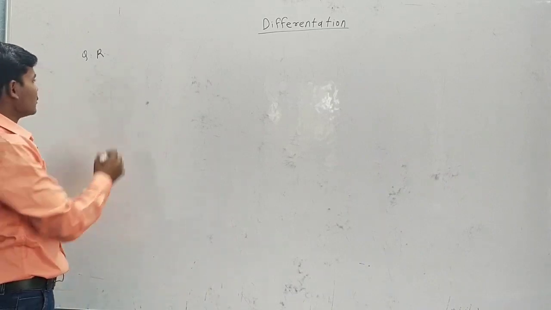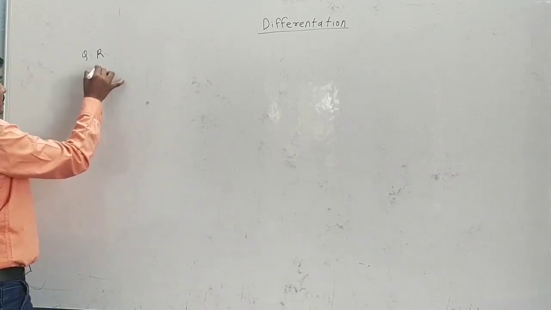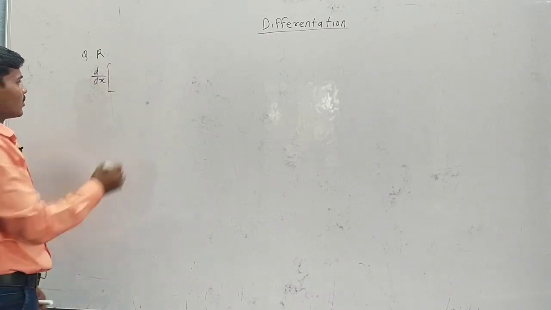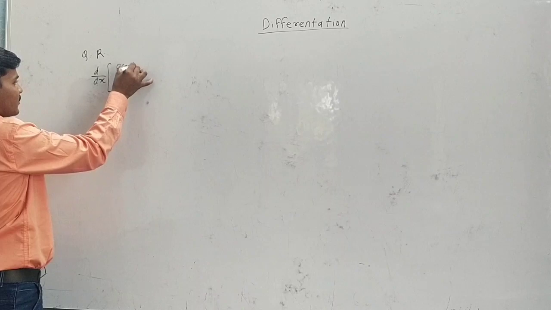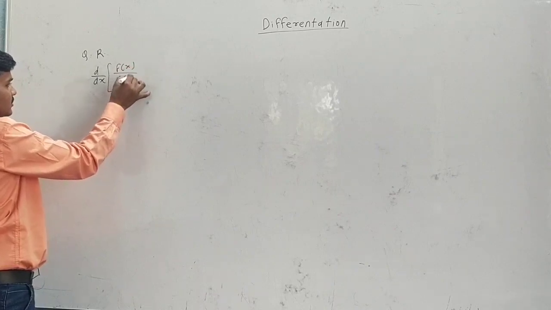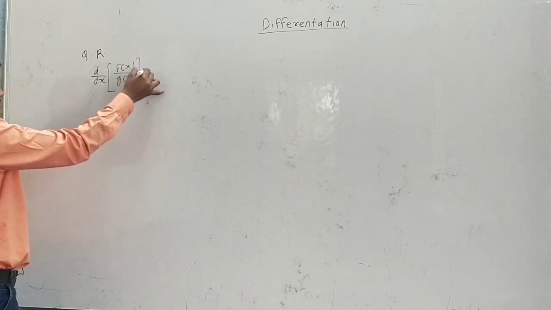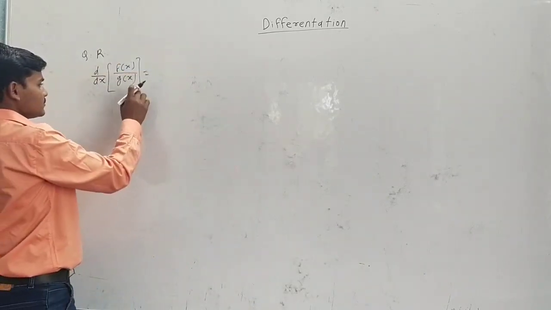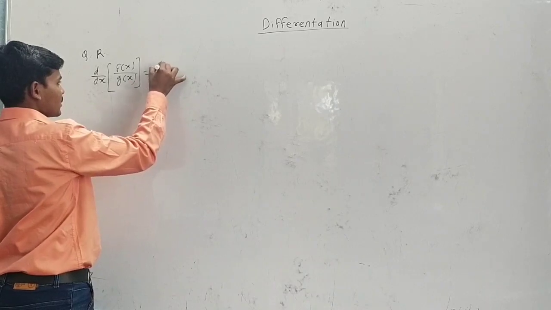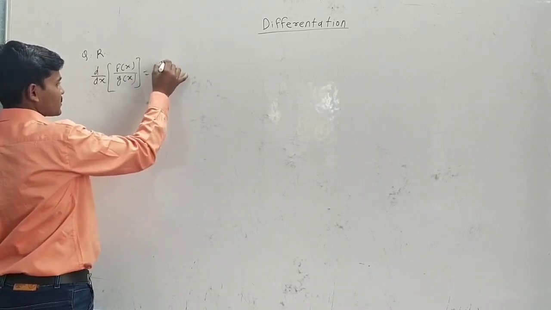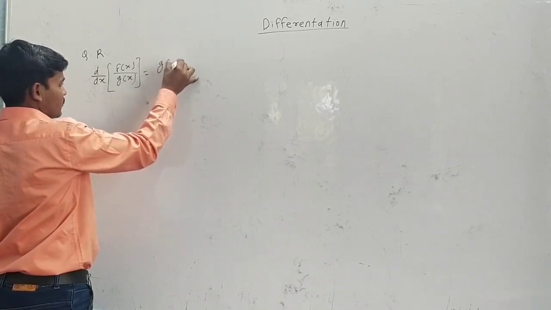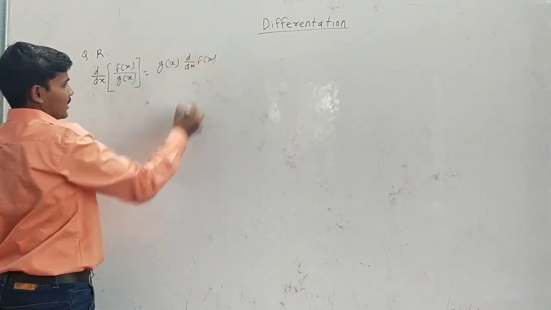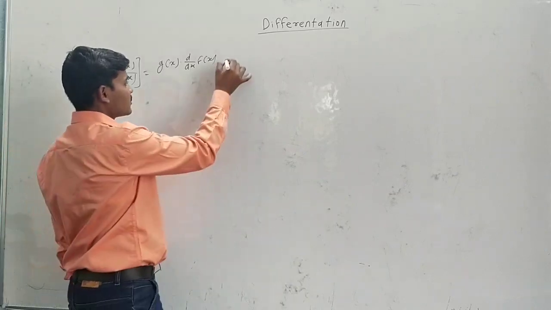So the quotient rule is that derivative of f of x by g of x is, take denominator first, g of x into derivative of f of x, minus.